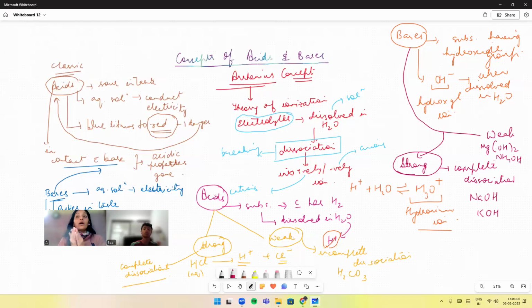Why are we using this? I told you in the properties that when a base comes in contact with acid, their properties are cancelled. Now, in our stomach we have acid, HCl. Sometimes the HCl starts corroding our lining. So that leads to quite a painful condition.